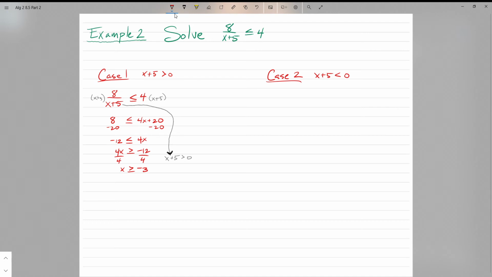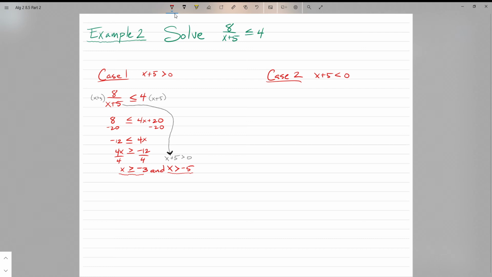So if I solve that for x, that would say x is greater than negative 5. So I'm going to say the answer I found, and x has to be greater than negative 5, because I basically found these answers on the condition that every number is bigger than negative 5, because the denominator had to be positive.